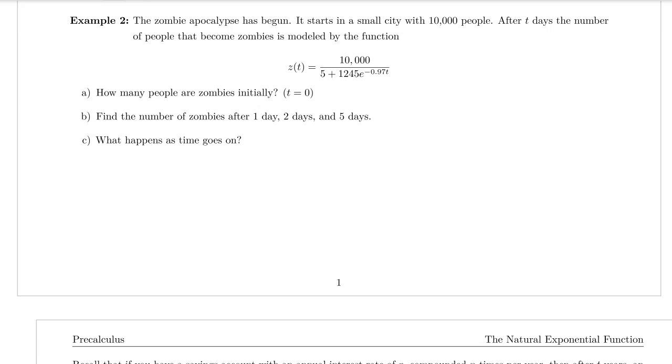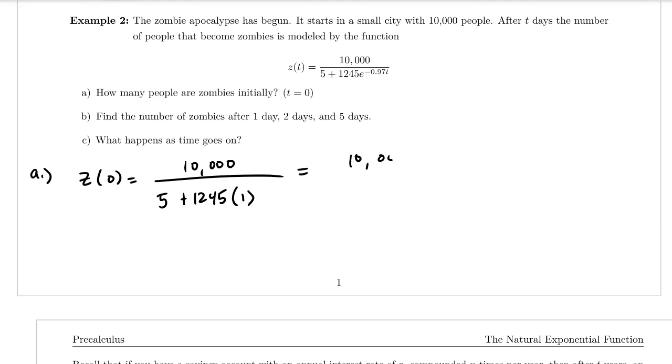So for part A, we want to evaluate z of 0. Anywhere I see a t, I'm going to replace that with a 0. If I multiply negative 0.97 times 0, that's just going to give me 0. And we know that e to the 0 is 1, so I'm going to replace this with 1.